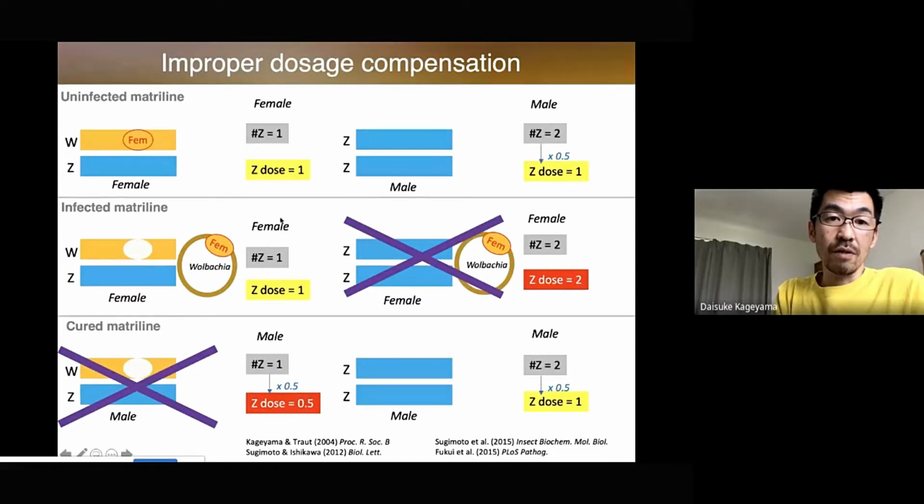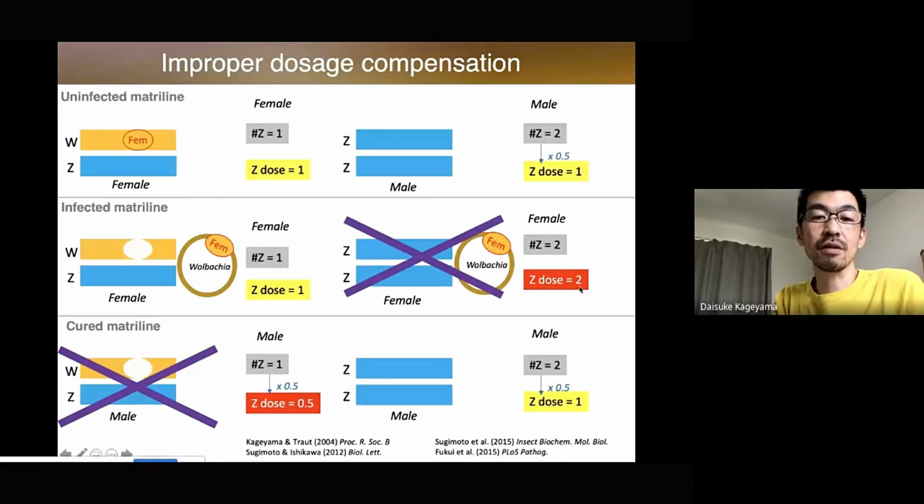So if they are determined as males, two Z chromosomes are too much for them, so they decrease their gene dose to half and keep it as one.